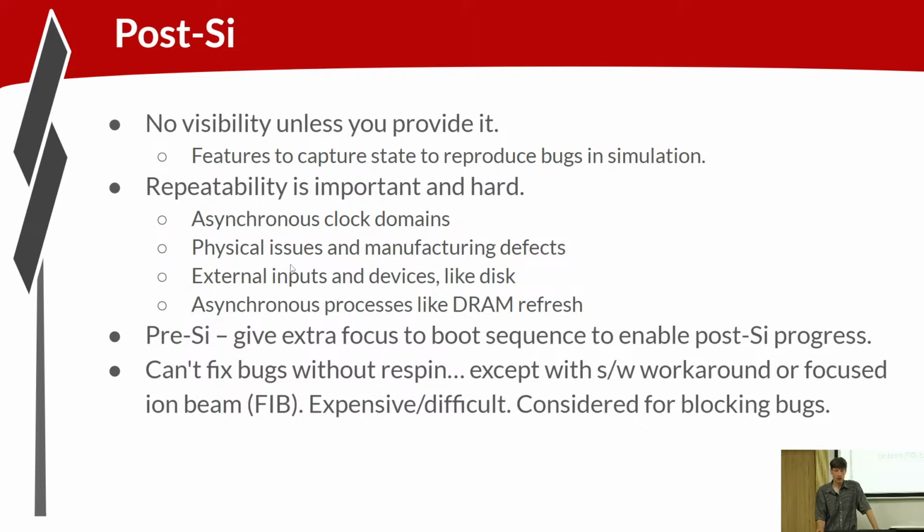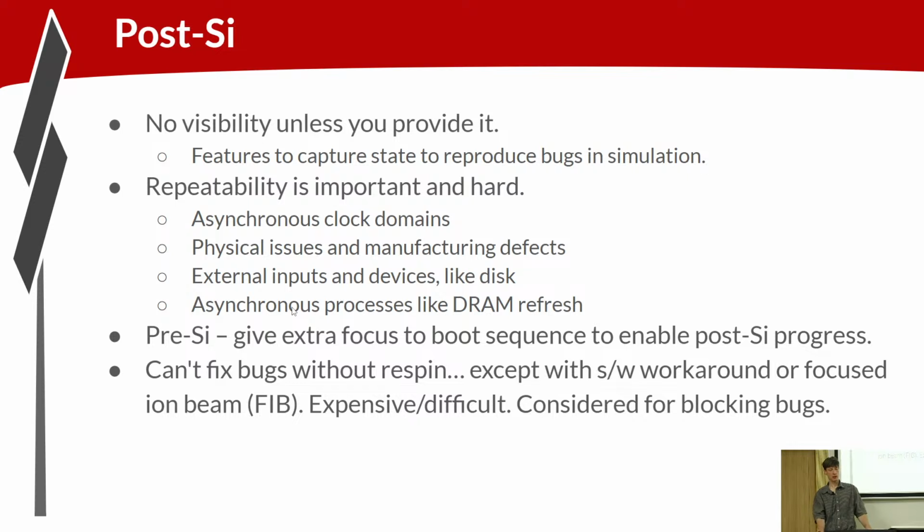External inputs, right? You have to consider how you are going to reproduce exactly the same inputs if those affect the nature of the bug that popped up. So those could be things like the external disk or a mouse click even, right? Any asynchronous process.